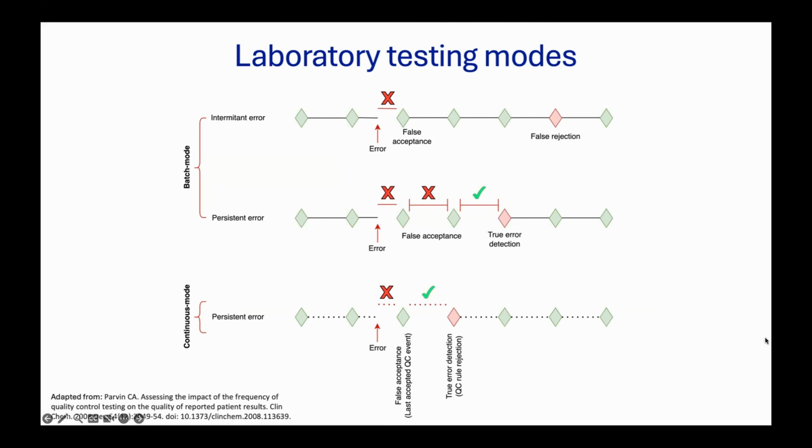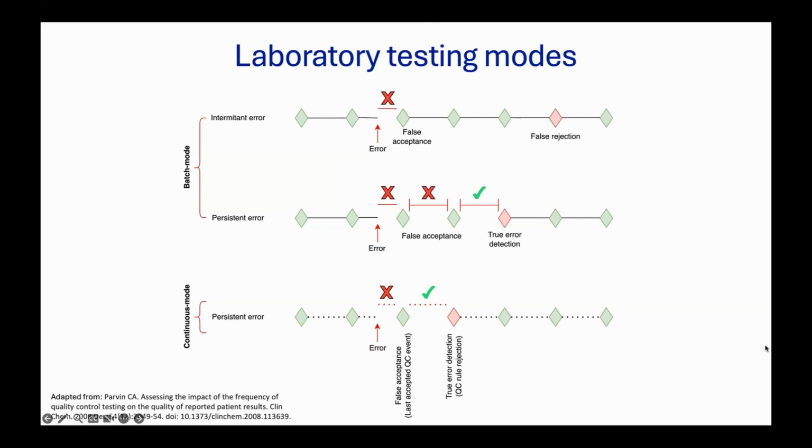The key concept from a quality control perspective is that the process is operating in batch units. A batch is either in control or out of control. QC rules applied to the QC samples in each batch determine whether to accept or reject a batch. An intermittent error affects only a single batch.